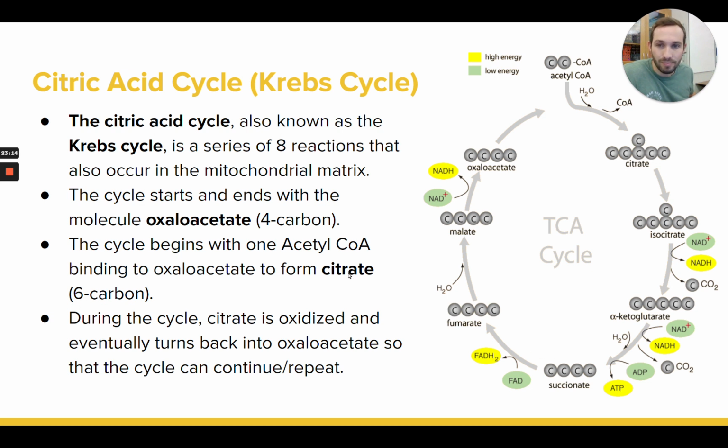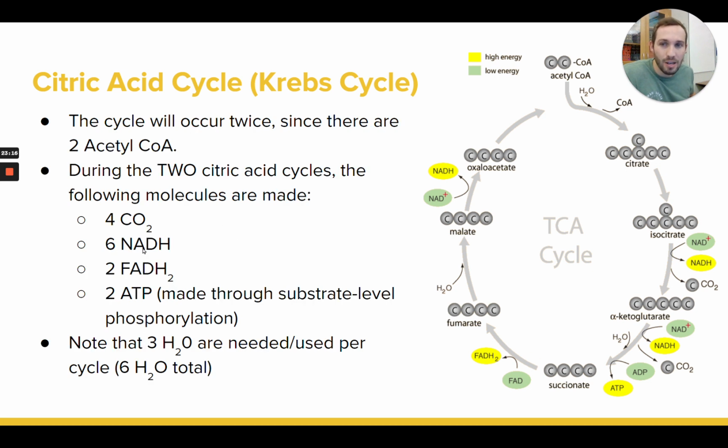So ultimately, and I keep tracking your notes, here's what's made during the Krebs cycle. In each Krebs cycle, you're going to take acetyl-CoA, join it with oxaloacetate, and form citrate. And then in the cycle, the citrate will ultimately become oxaloacetate again, which is why it's a cycle, because then it can happen again and again and again.